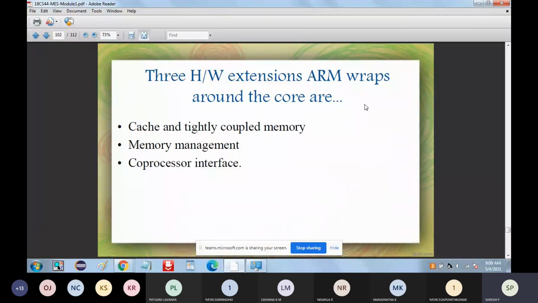The first one is cache and tightly coupled memory, an extra component to be inserted. Second is memory management. And third is the coprocessor interface. That means with the existing ARM processing, I'm going to introduce one more processor which is attached to the ARM core with the help of the interface. That is what the coprocessor interface tells.